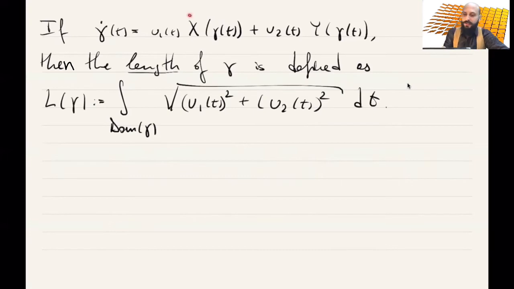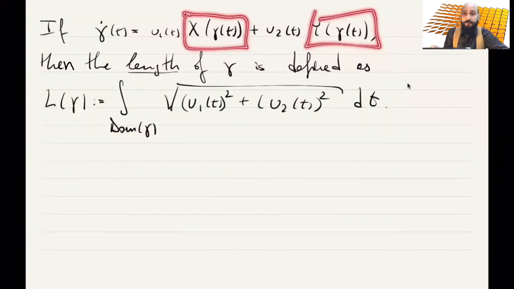Which is the same as saying that we are declaring X and Y orthonormal.